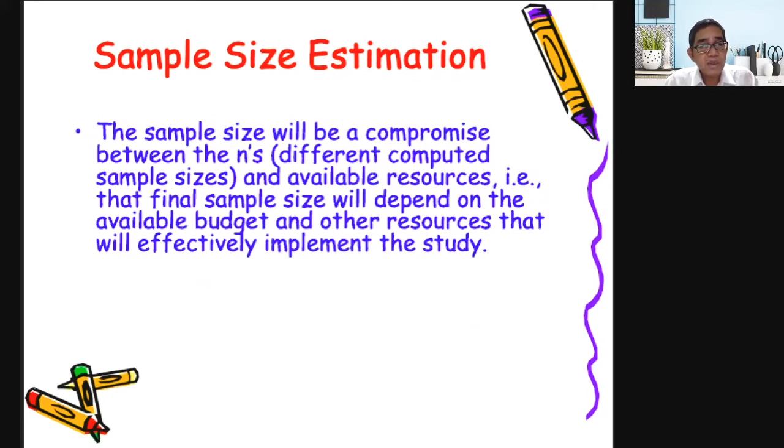And sample size will be a compromise between the different computed sample sizes and available resources, meaning that the final sample size will ultimately depend on the available budget and other resources to effectively implement the study. And I will show you how we can change the different computed sample sizes, which will really depend on the availability of budget.